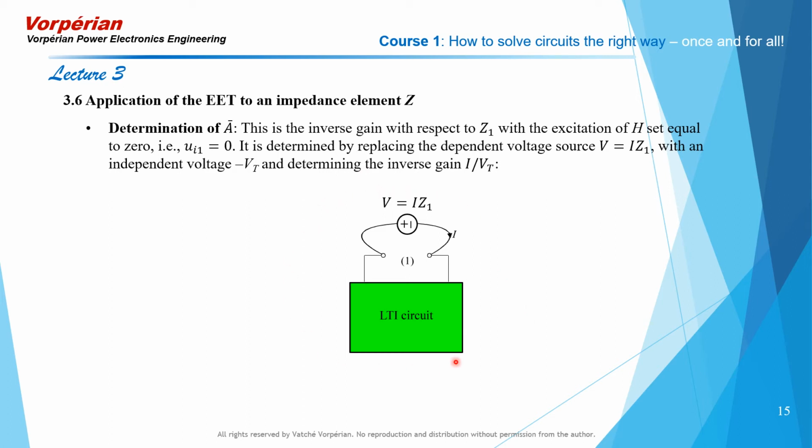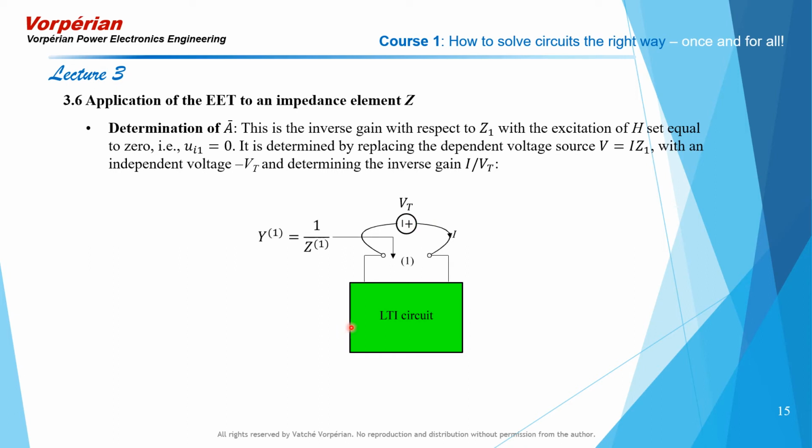The next thing we have to do is replace the dependent generator V equals I Z1 with an independent version of it pointing in the opposite direction with a minus sign in front of it, which means that instead of putting a minus sign there, you can just reverse the direction of this generator. Now you have VT pointing in this direction, and you want to compute how much VT talks back to I. So you want to compute the inverse gain I over VT with this excitation set equal to 0.